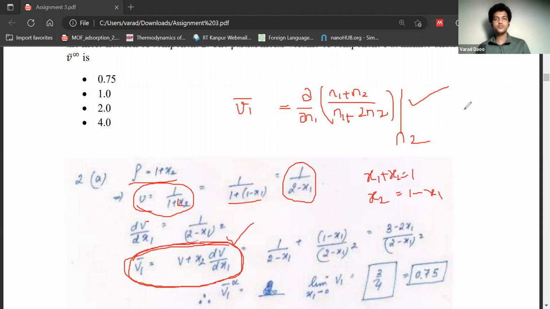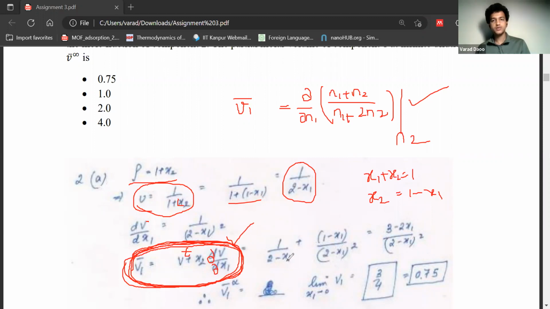This is the definition of partial molar property, and this expression is specifically for the binary mixture. The second method, I hope you have seen in the lecture, you can just substitute here and find that V1 bar is equal to total V plus x2 into the partial derivative dV by dx1. So you just put in: what is V? This is 1 by x2.